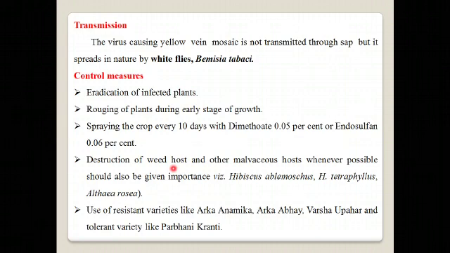Then release of Chrysoperla carnea at the rate of 800 larvae per acre. Chrysoperla carnea is the scientific name of green lacewing. Means release of this predator at the rate of 800 larvae per acre. So this is beneficial to manage this yellow vein mosaic disease in bhendi crop.